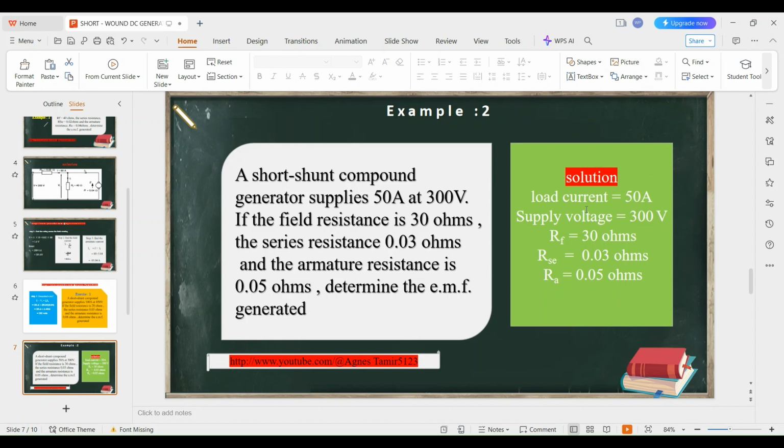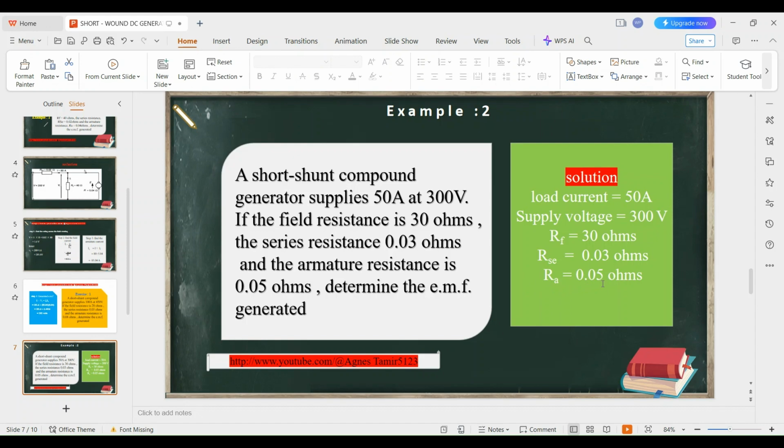What have we been given? We have the load current, that is 50 amperes. We have the supply voltage, that is 300 volts. We have the field resistance as 30 ohms, the series resistance as 0.03 ohms, and the armature resistance as 0.05 ohms.